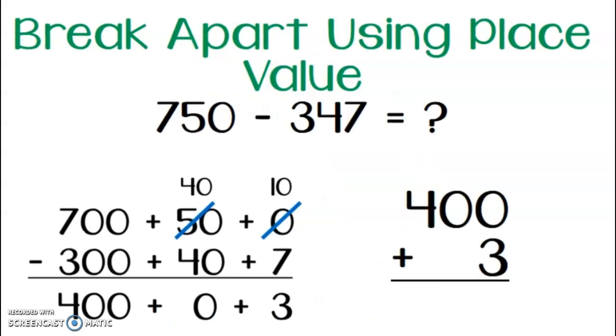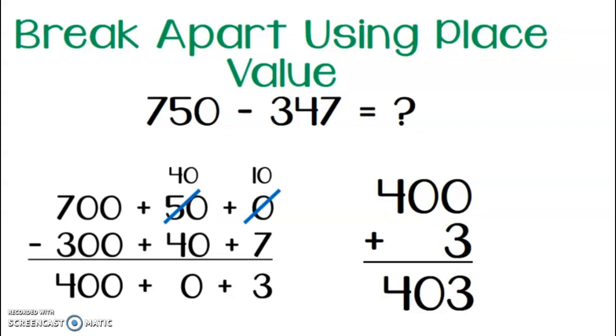I'm going to take 400 plus 3. I don't need to add in my 10 since I have 0, to give me the answer of 403. Even though I did the equation a different way, I still got the same answer.